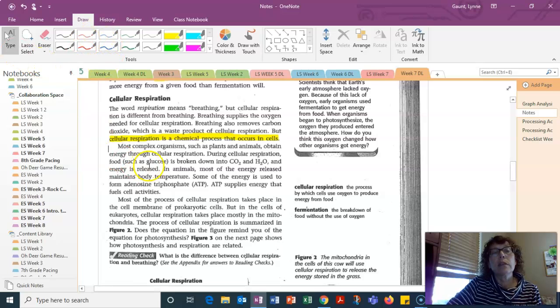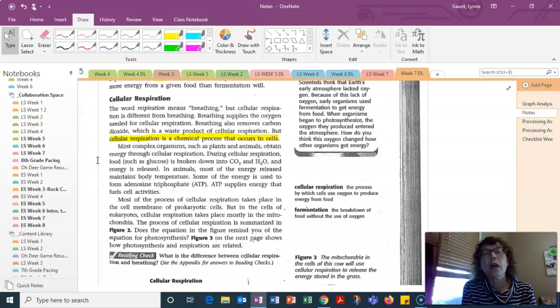Okay, I'm going to read this second paragraph here that starts with most complex organisms. So follow along. Most complex organisms, such as plants and animals, obtain energy through cellular respiration. During cellular respiration, food, such as glucose, is broken down into carbon dioxide and water, and energy is released. That's an important sentence. Let's highlight that.